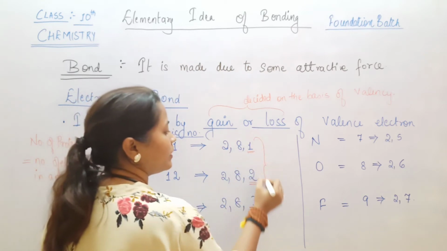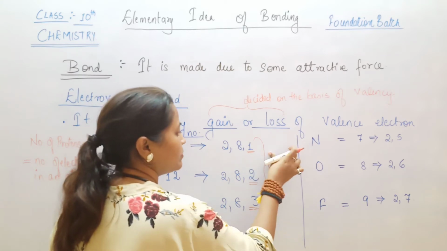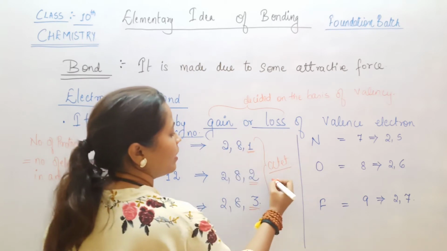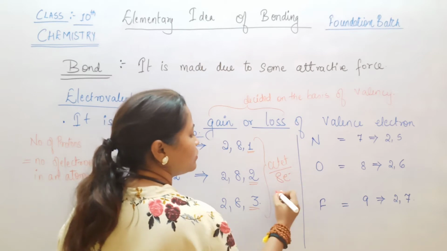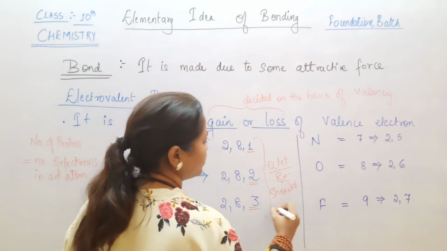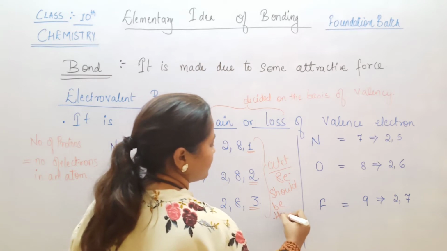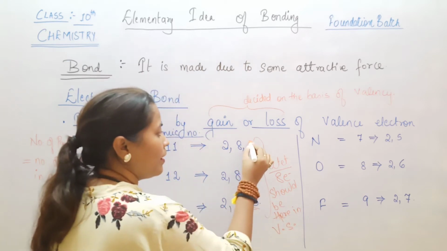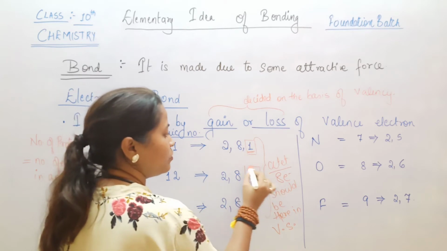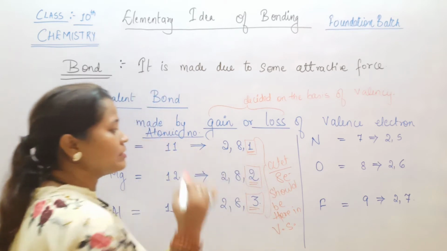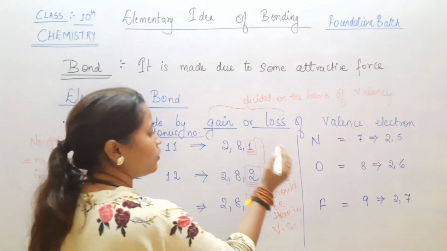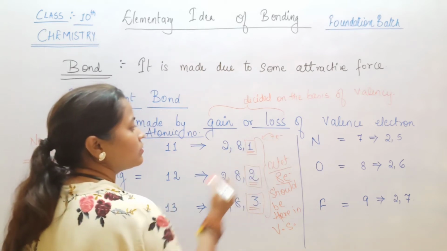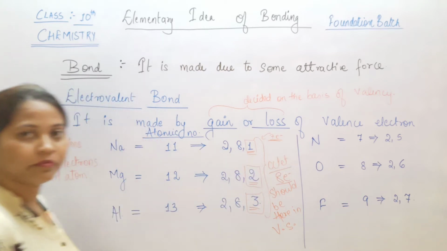As per the octet rule, octet rule के हिसाब से यहाँ पे अगर 8 इलेक्ट्रॉन should be there, है ना, यही रूल है, in वैलेंस शेल, तो यहाँ पे सिर्फ 1 है, यहाँ पे सिर्फ 2 है, यहाँ पे सिर्फ 3 है। तो इसका सिंपल मतलब बच्चों ये है कि 8 इलेक्ट्रॉन अगर मुझे सेटिस्फाई करना है तो आई नीड 7 इलेक्ट्रॉन्स, तो दिस इज वेरी डिफिकल्ट टू गिव फ्रॉम आउटर एनवायरमेंट.